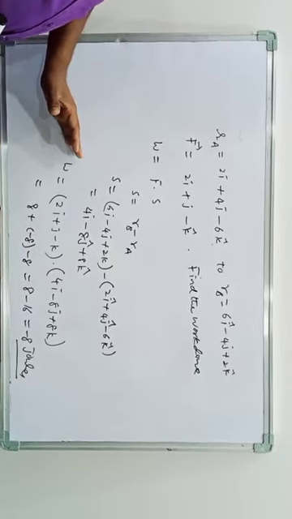Here 3 is common, and the integral of z² is z^(2+1)/(2+1), from 3 to 1. Now substitute upper limit minus lower limit.